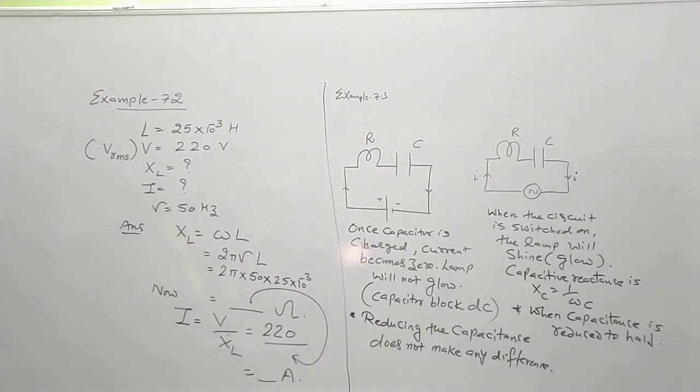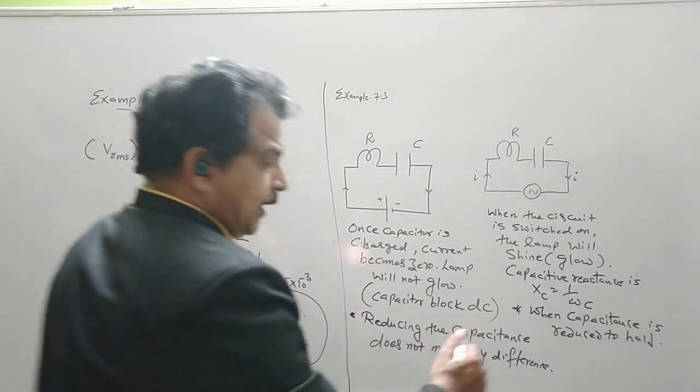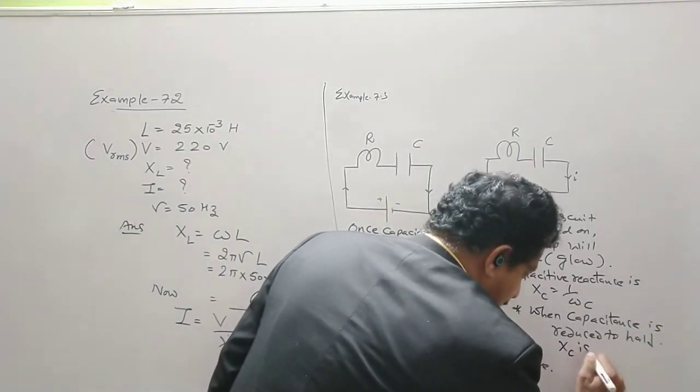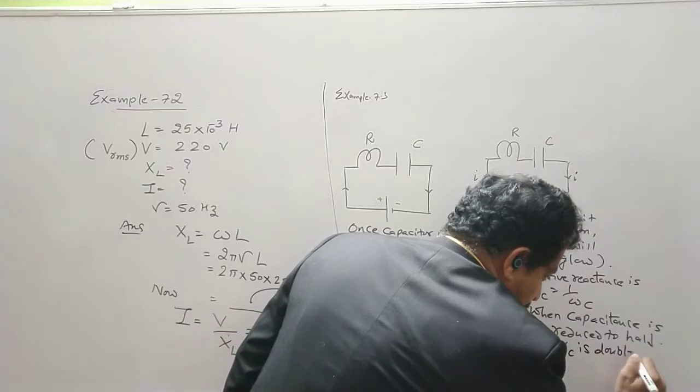So reducing C will increase the reactance and the lamp will glow dim, or the brightness of the bulb will decrease. When the capacitance is reduced to half, Xc is doubled.